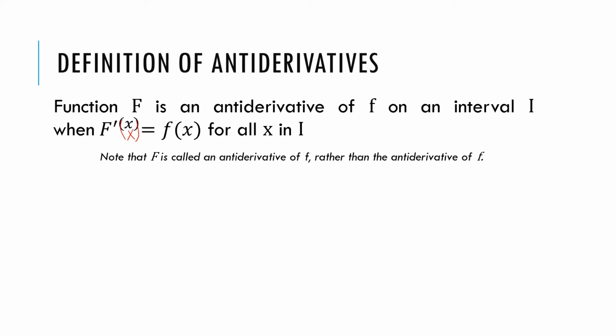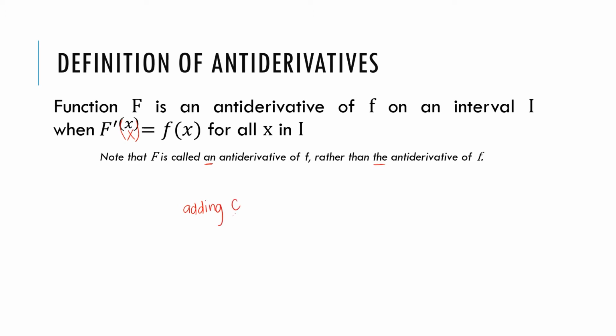And please note that an antiderivative of f, it is called an antiderivative of f, and not the antiderivative of f. So, magkaiba sila ng article. So, in general, once a single antiderivative is known, other antiderivatives can be obtained by adding a constant, or adding the C or the arbitrary constant to the known antiderivative.